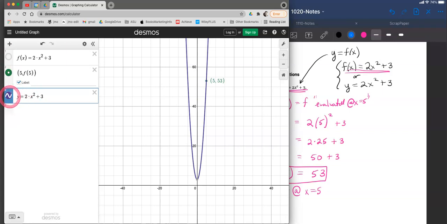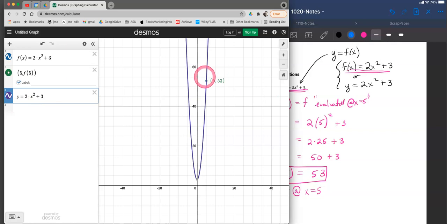In purple, y is equal to 2x squared plus 3, and f of x is equal to that. So we're saying the same thing, just representing it in function notation, that's the blue one, and the purple one we're representing as an equation. But they're representing the same thing.